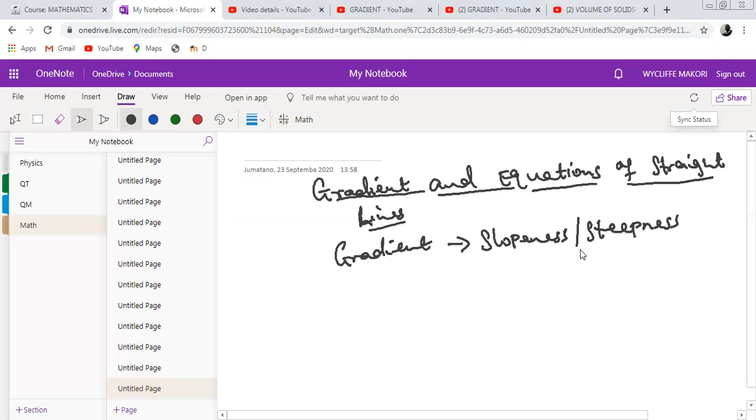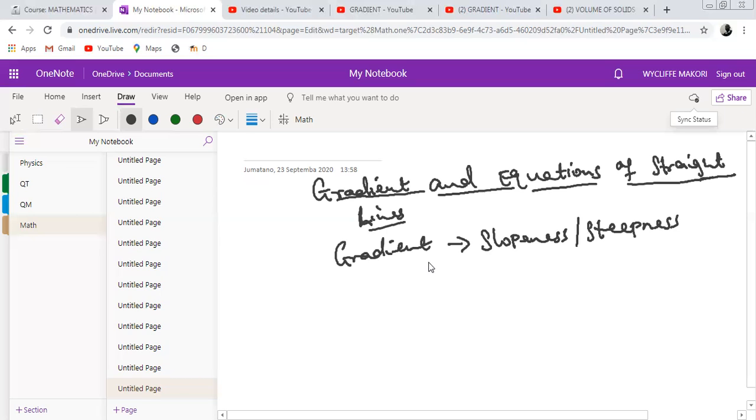And the key thing that you need to note is that we are referring only to straight lines here. We are not referring to any curve, or to any quadratic kind of curve. We are talking about a line that is drawn using a ruler.